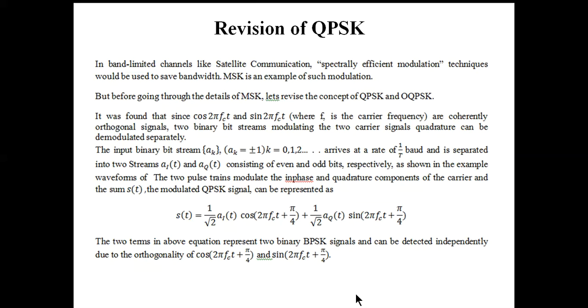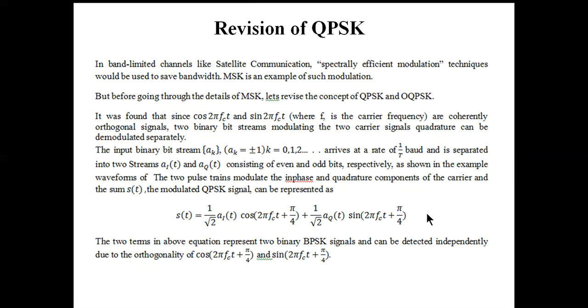Now the two pulse trains modulate the in-phase and quadrature components of the carrier, and ultimately we get the summation s(t), which is nothing but the QPSK signal, represented by the following equation. So s(t) is 1 by root 2 a_I(t) into cos(2 pi fc t plus pi by 4) plus 1 by root 2 a_Q(t) into sin(2 pi fc t plus pi by 4).